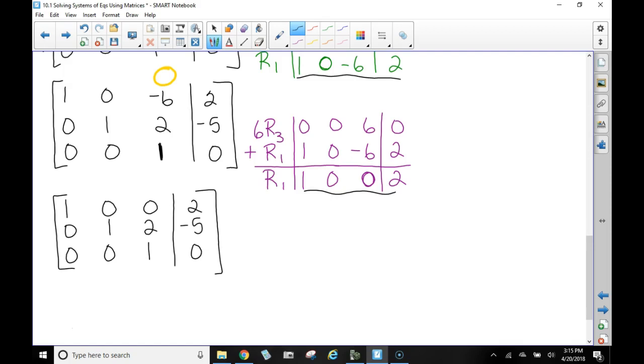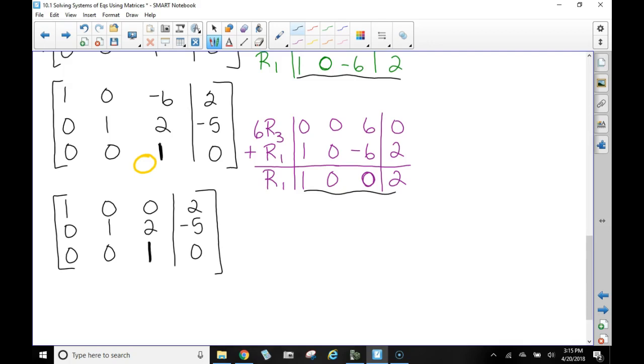All right? Now, my last thing I need to do is I need to get this number right here to be a 0. Again, I'm going to use this pivot number of 1 right here that's directly below that to get that accomplished. Okay?